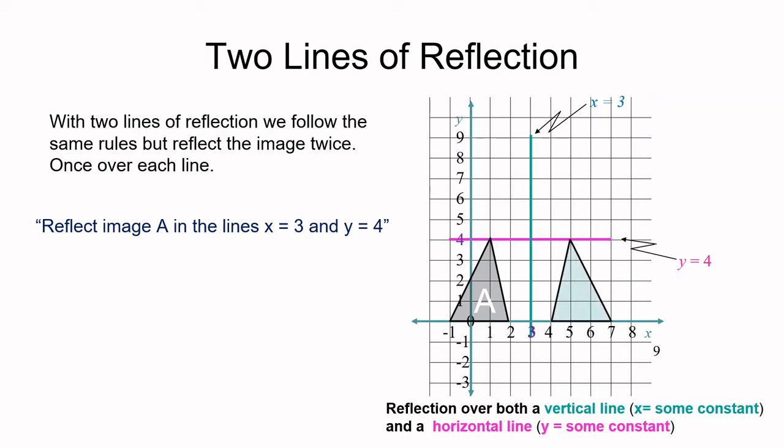Feel free to hit pause now if you need to make sure you understand the distance of each of the points of image A from the line x equals 3. Now let's reflect both of those triangles in the pink line, the line y equals 4. Now we've got this very symmetrical pattern here with 2 lines of symmetry and 4 separate images.